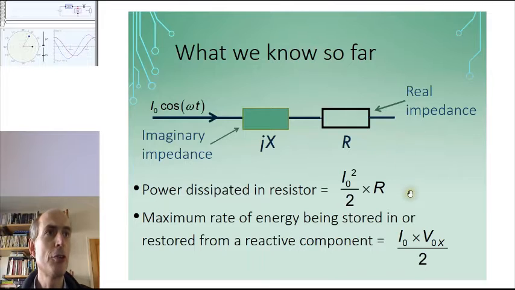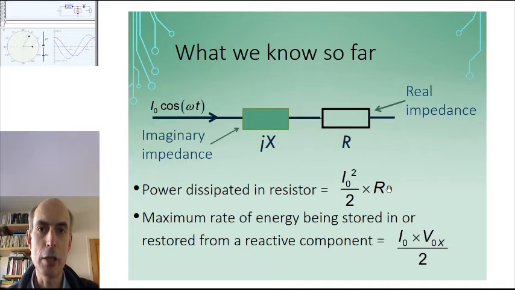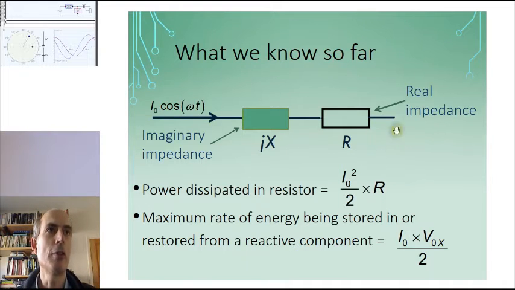Well, we've already derived the result that the average power dissipated in any network with an impedance of R plus jX is given by the square of the amplitude of the current divided by 2 times the real part of the complex impedance of this network. I've just called that R here.